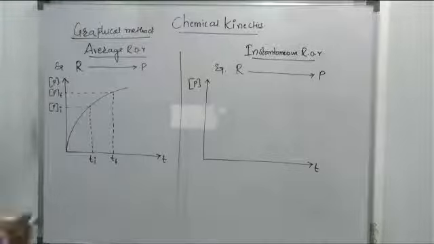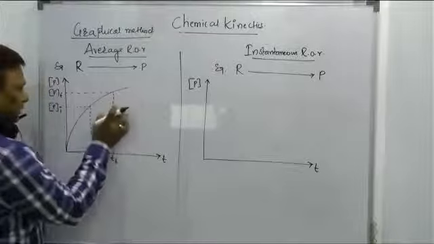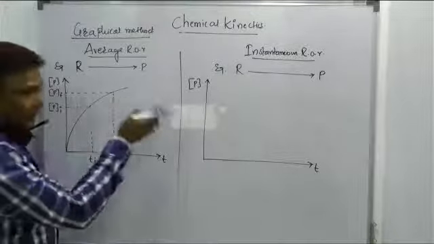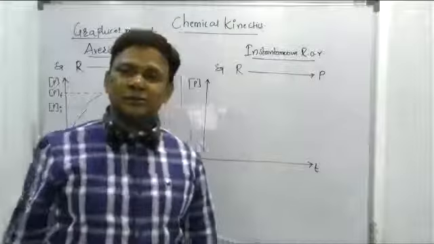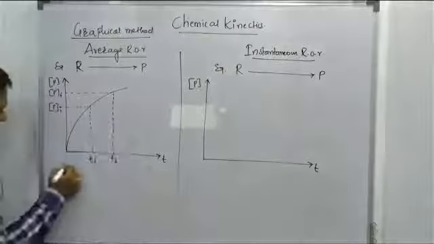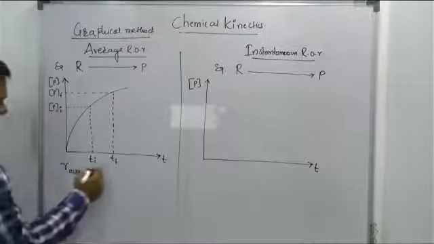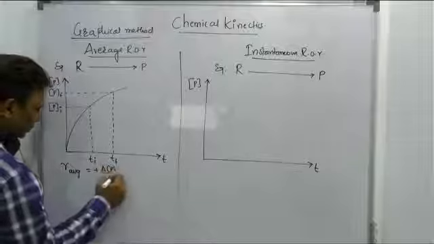But see, as the time increases, the concentration of the product increases with respect to time, because a positive sign here indicates an increase in the concentration of product, while previously a negative sign indicated a decrease in the concentration of reactant. Means I should write R average equal to the increase in the concentration of product with respect to time t.